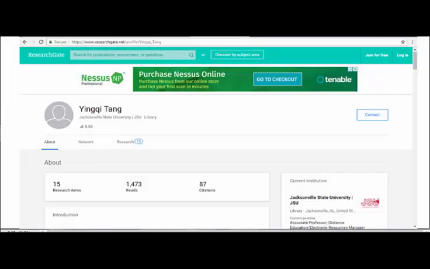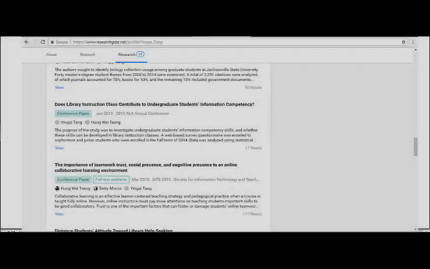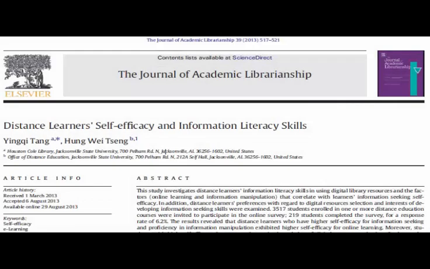A quick search on the website researchgate.net reveals that both the authors have conducted research on topics that are in the same field of study as this article. The research of the authors has been cited by other authors numerous times, which indicates that the research is regarded as authoritative by their peers.